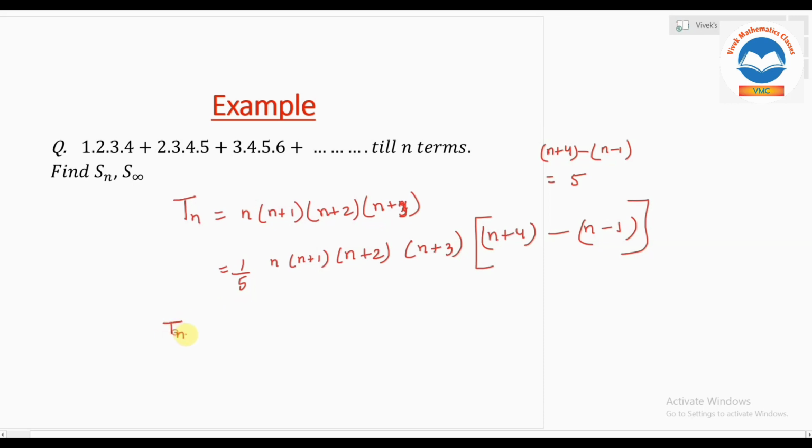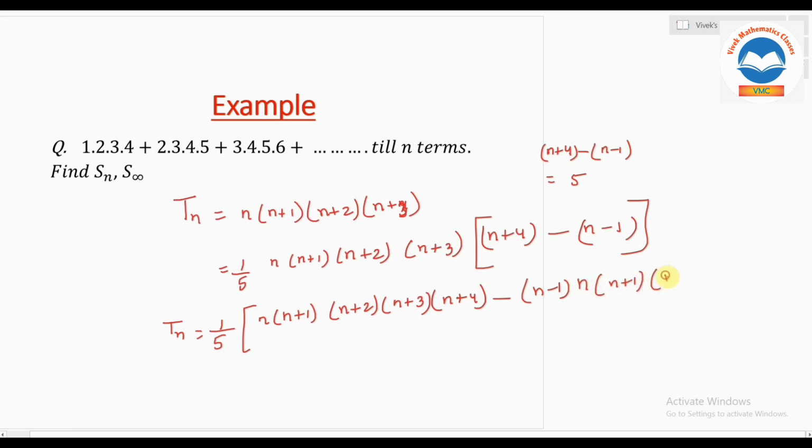So this Tn we can write as 1 by 5 into n into n plus 1, n plus 2, n plus 3 and n plus 4, minus, if you multiply, n minus 1 into n plus 1, n plus 2 and n plus 3. So we are getting Tn.